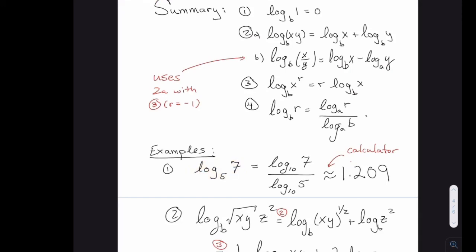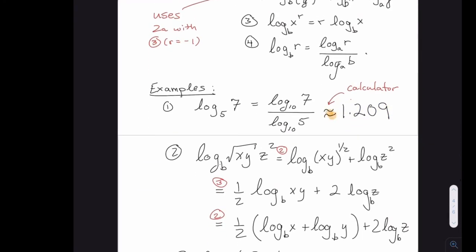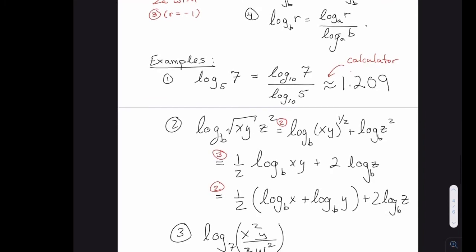You will get 1.209 approximately. As soon as you use your calculator, by the way, you don't have an equal sign anymore. You have something that's only approximate. Here's another example.